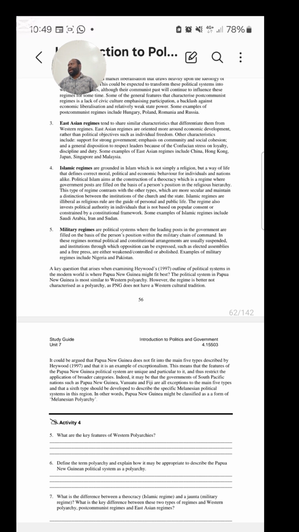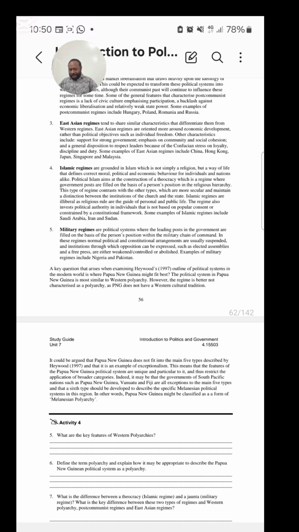So the highest authority would be given to, not sure how to call this, the equivalent of a pastor in the Islamic religion. Okay.